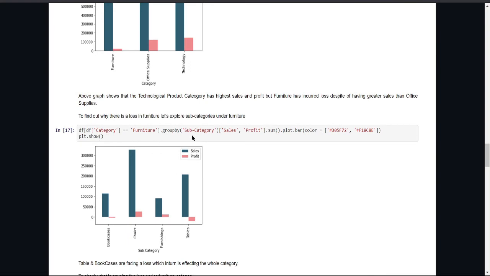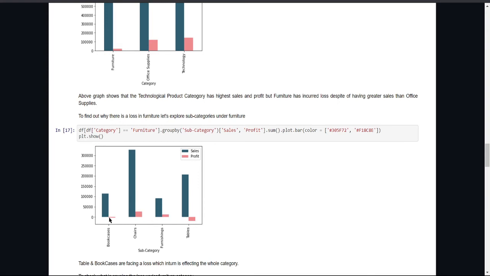Moving on, we see the subcategories present in the furniture category. Here we can see the sales and profit. Chairs has performed well both in terms of sales and profit. Same goes for furnishings. But here you can see that tables and bookcases, despite having a decent number of sales, have performed very low.